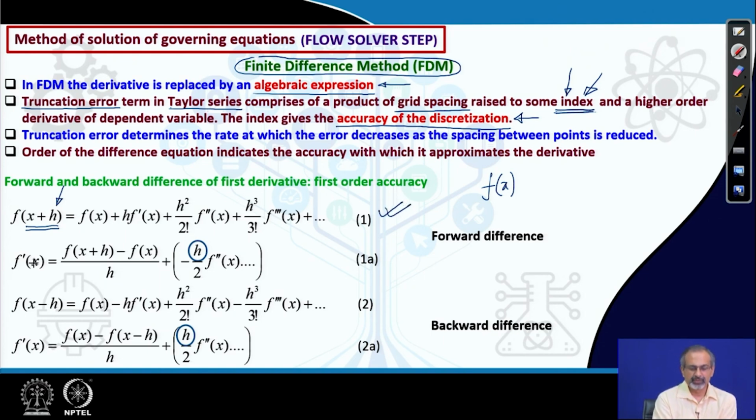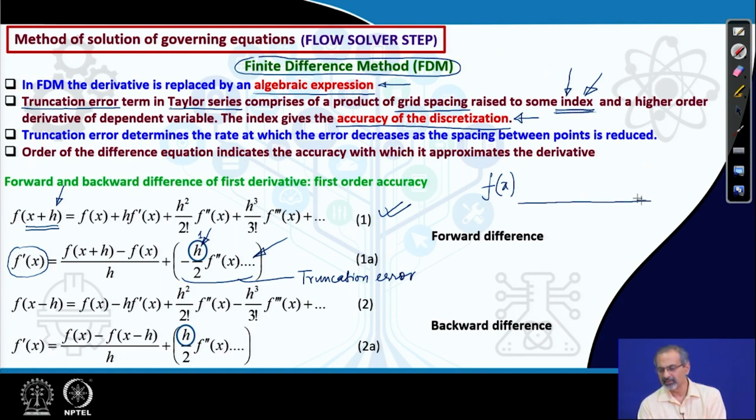From that, if you rearrange the terms, you can get an approximate representation of f'(x) in terms of (f(x+h) - f(x))/h, and then you are left with many terms which we will not consider finally. So, this is what is called the truncation error. And we have to watch out for the grid spacing h, which we are talking about, and the index. The index happens to be 1 here, and h is the grid spacing.